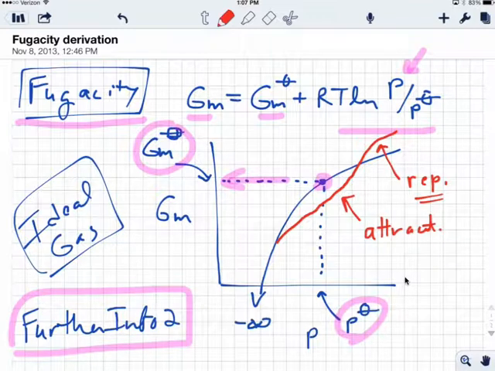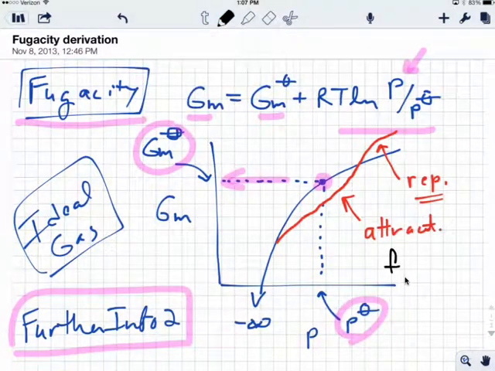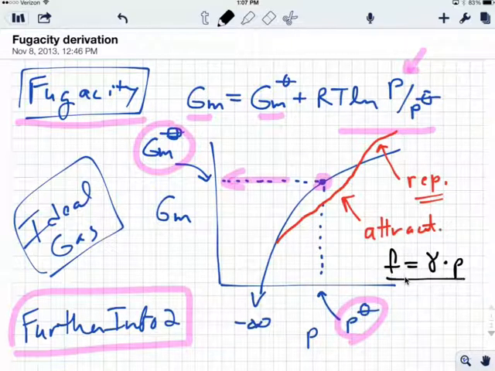And we're going to try to describe this deviation with the term fugacity, and that's going to be defined as f, and it's going to equal a prefactor times the pressure of the ideal gas. So fugacity is going to equal the fugacity coefficient times the pressure of the ideal gas.